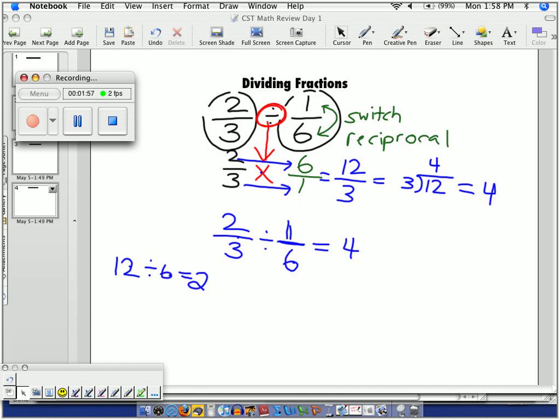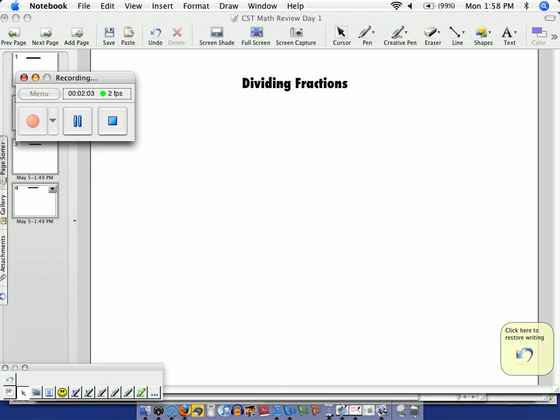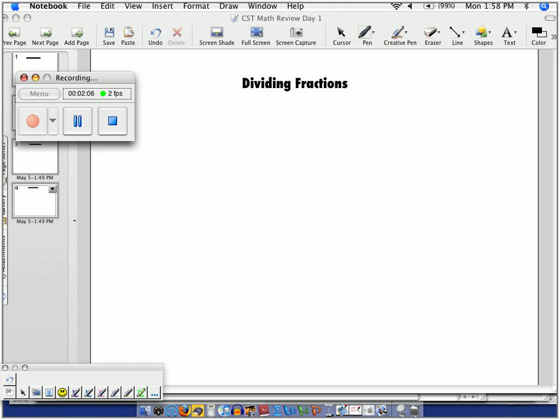Alrighty. Okay, now let's increase it. Let's make the level of difficulty slightly tougher. What if you've got 3 1/2 and you want to divide it by 1 1/8?